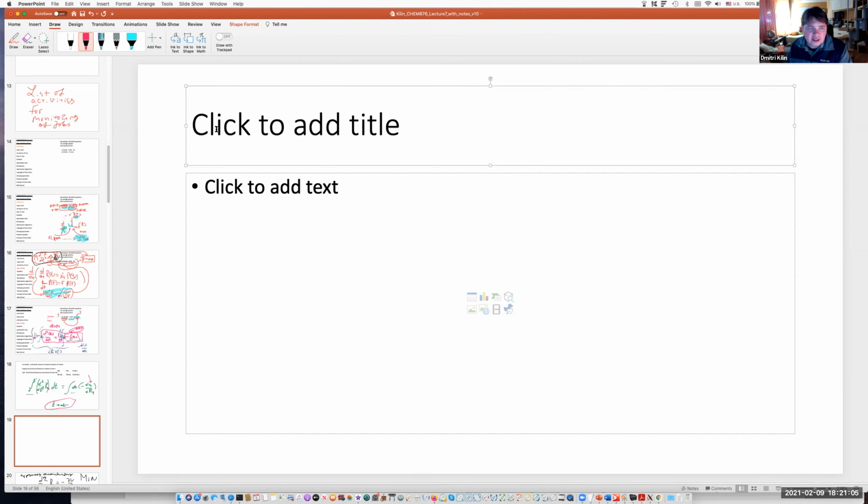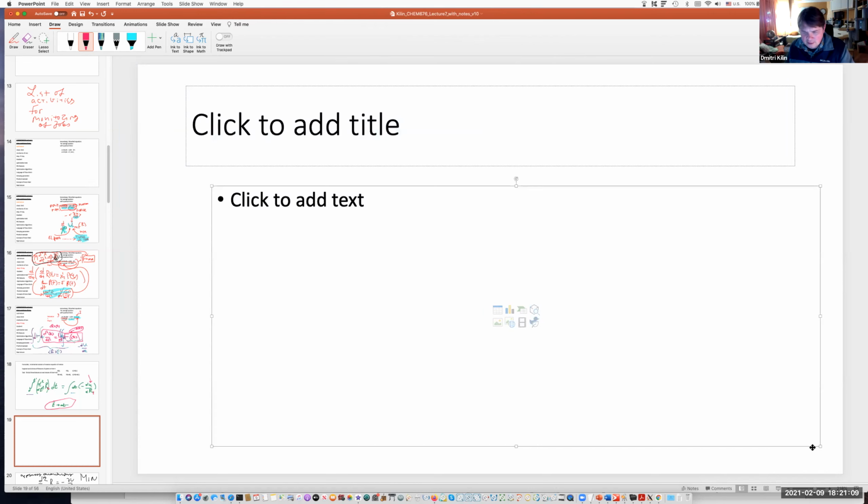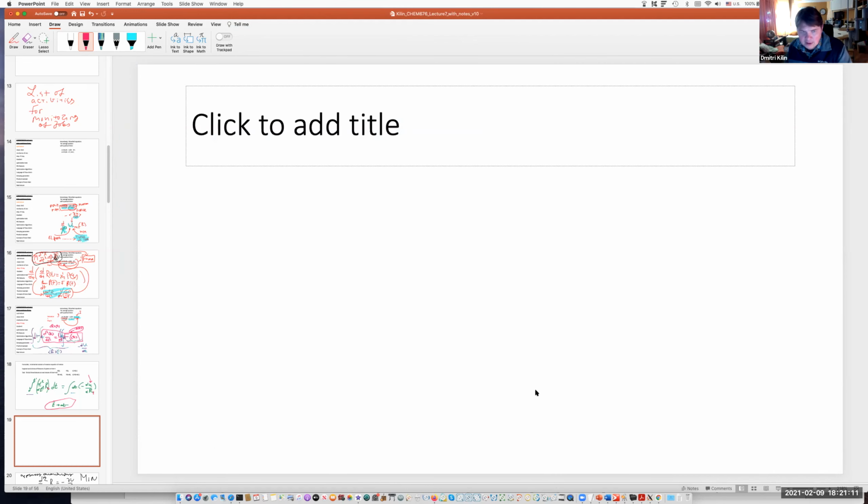Let me write a couple of equations. They are available in the next slide, but it will be much better for our discussion to have them written as we go.